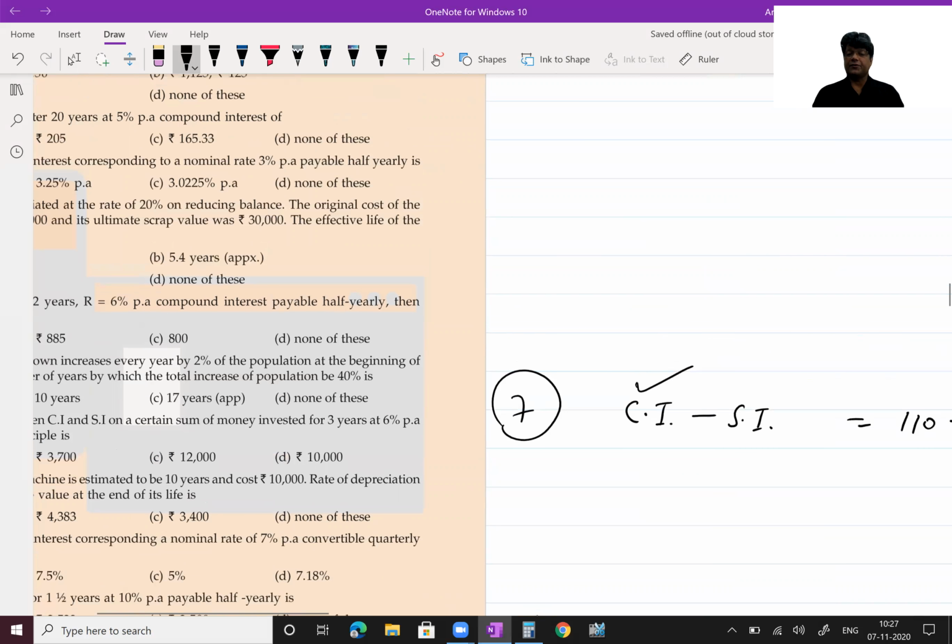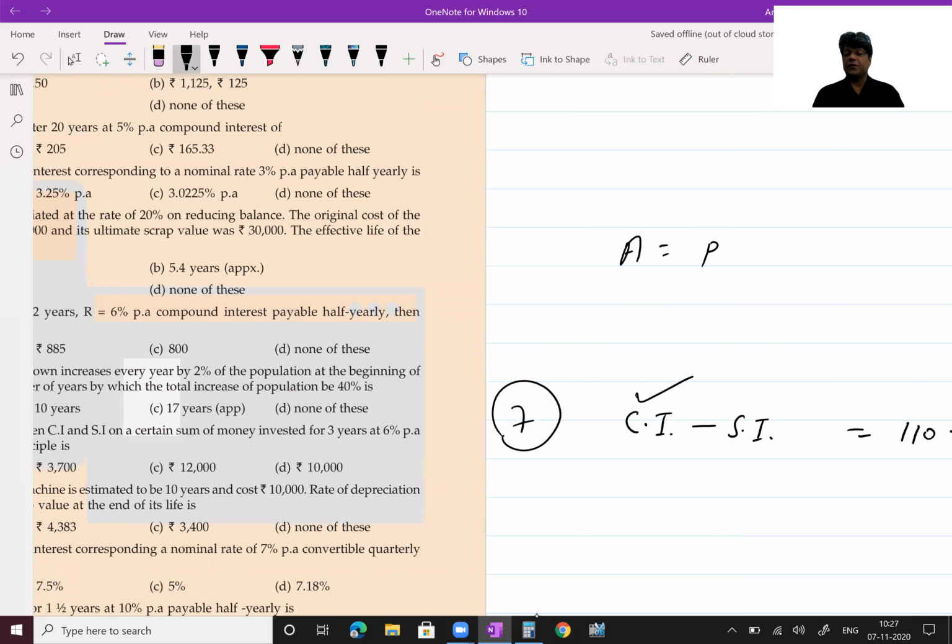The amount formula we know: P into (1 plus i) to the power n. For which case? The simple case, meaning converted annually. If it is converted quarterly, monthly, or half yearly, then that key will come.